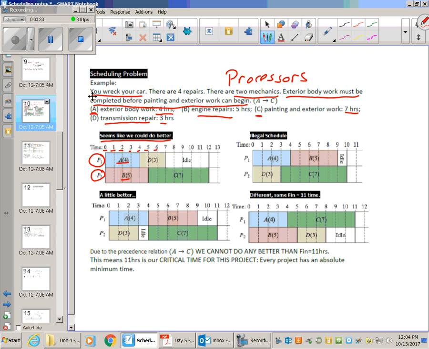So P1 is working on A while P2 is working on B. Whenever P1 finishes after 4 hours of working, he moves on to task D for 3 hours. Whenever P2 finishes task B at 5 hours, he moves on to task C with 7 hours.